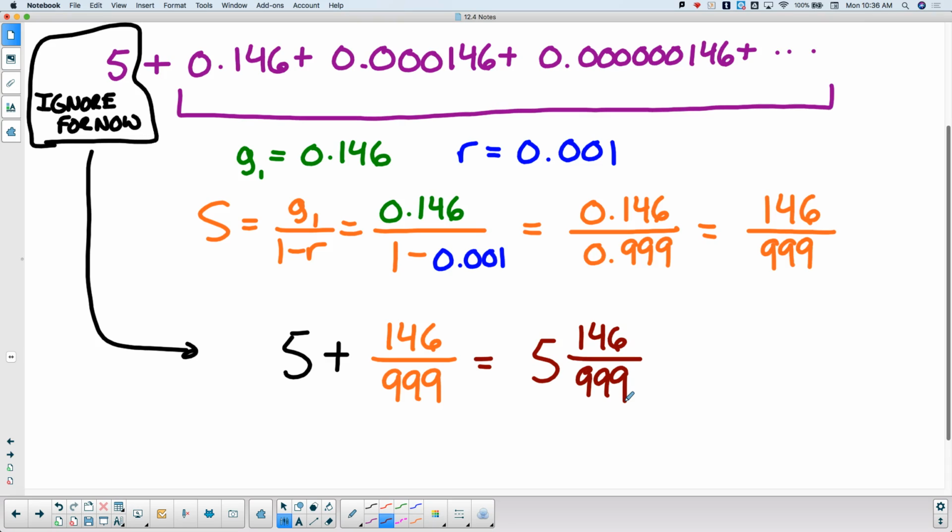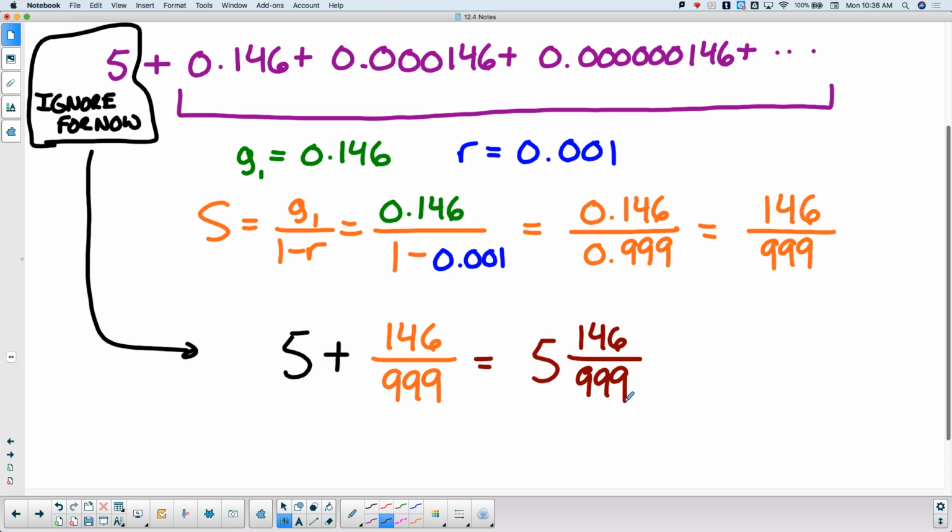Okay? But it asked us for a fraction. Is that a fraction? No, that's a mixed number. So in fraction form, I'm going to take the number out in front, multiply it by the denominator, and then add the numerator. That's how we switch from a mixed number into an improper fraction.